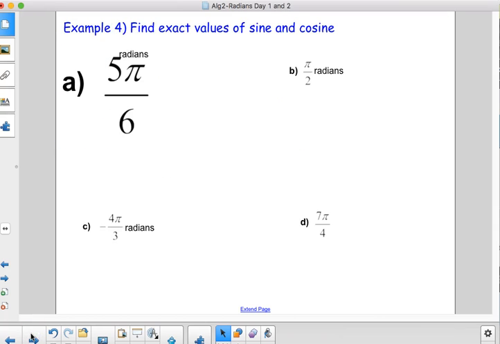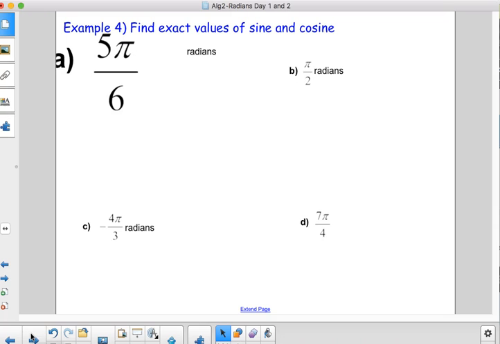Now it's 5 pi over 6. So, first, if we want to find sine and cosine of 5 pi over 6, we should first know what the degrees is, because we have to be able to draw our triangle.